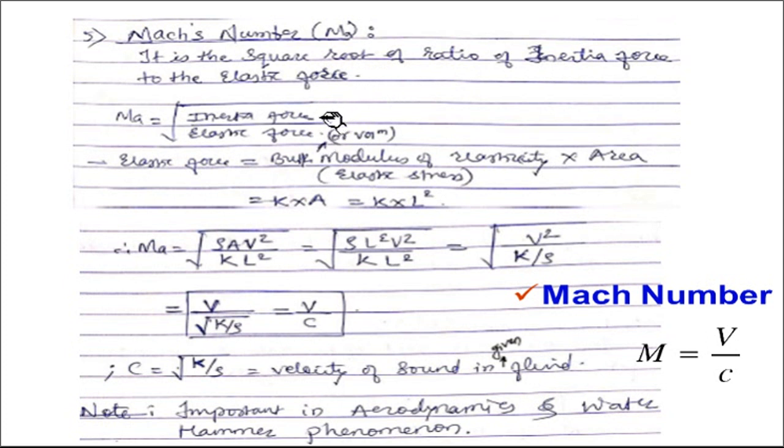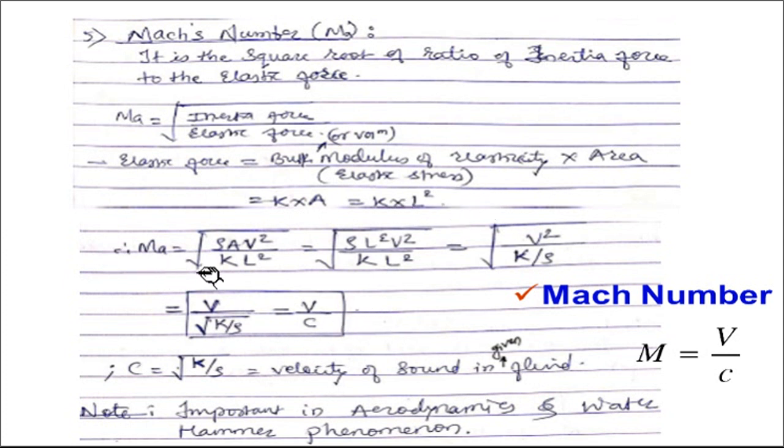Elastic force in a fluid is because of the property bulk modulus of elasticity, also known as elastic stress, capital K. So capital K multiplied by area gives you elastic force. Capital K is bulk modulus of elasticity into A. Area in terms of primary dimensions is length squared, so K into L squared.